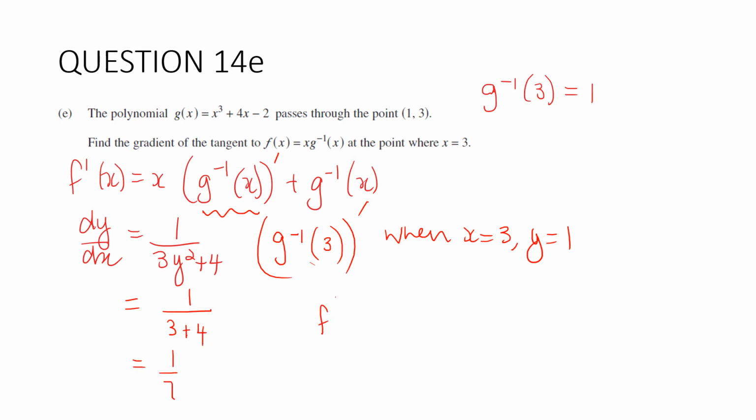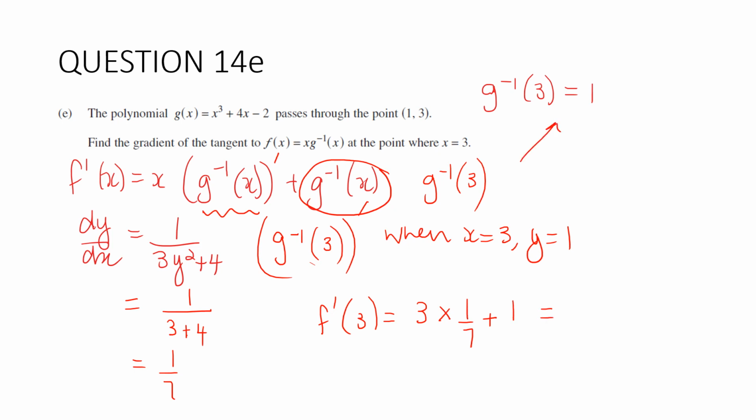So f dashed of 3 will be equal to 3 multiplied by 1/7 plus this here, we want inverse function of g of 3, which is 1, which is 3/7 plus 1, which is 1 3/7.